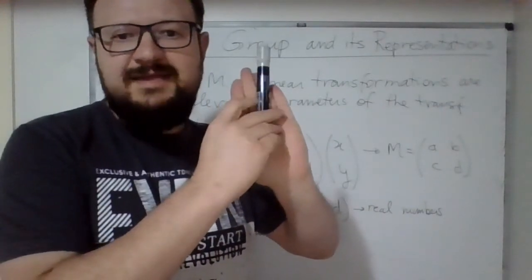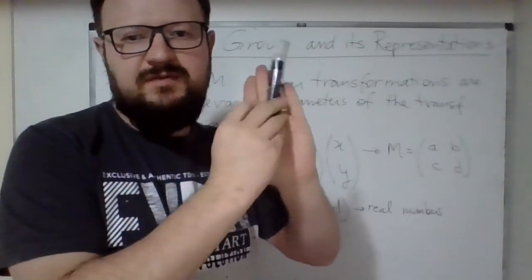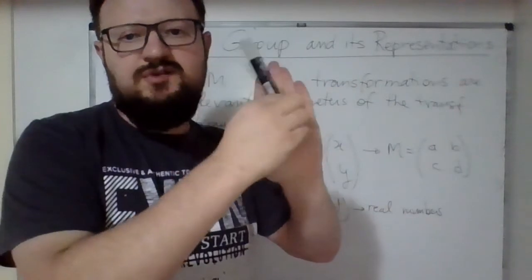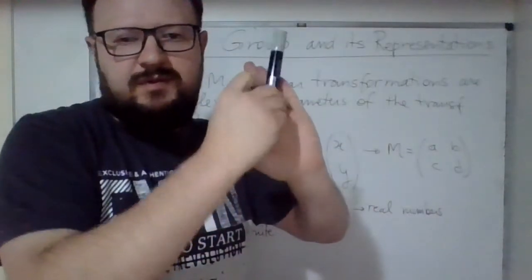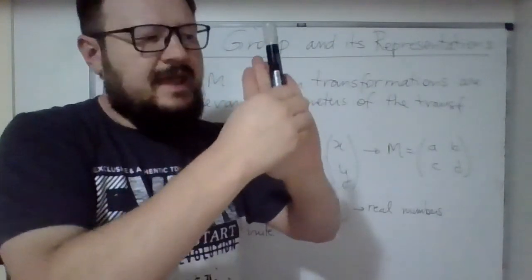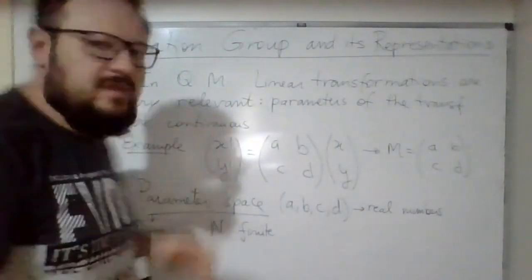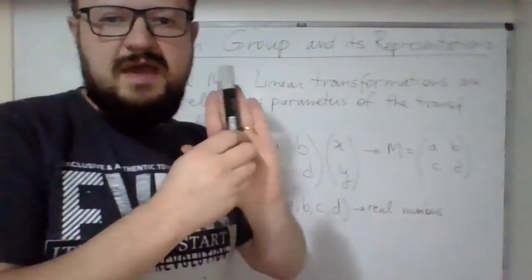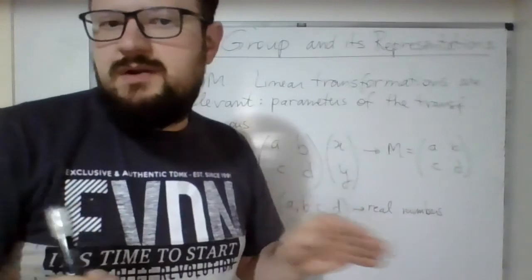But notice that the angle of rotation is a continuous parameter because you can rotate from 0 to 2 pi or even more, because the object can keep rotating, and it is continuous. So rotations in two dimensions are described by only one parameter, and the parameter space is one-dimensional.